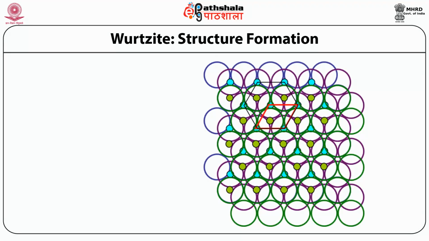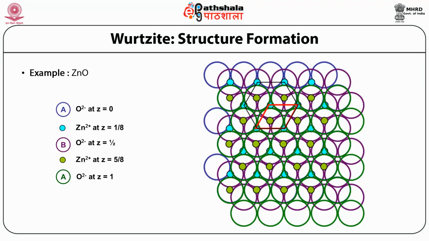Now let us discuss the structure formation in wurtzite. Let us take the example of zinc oxide, that is ZnO. You can see on the right hand side the structure of zinc oxide, where the blue circles correspond to A-type atoms, that is O2-.